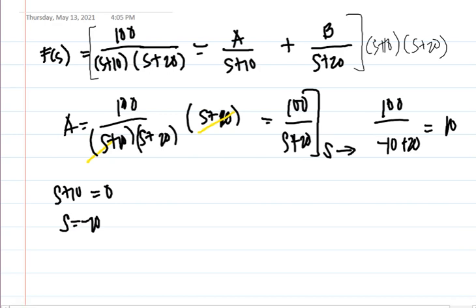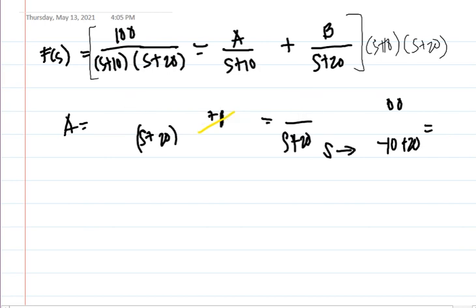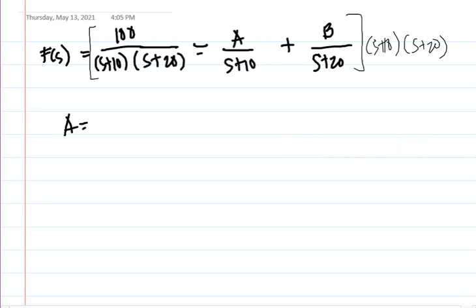But still, we can use the cover-up method. This is a cover-up method that we can use to come up with the same answer, and we will see if we get the same answer. If we perform the cover-up method, that means we cover the denominator. Our denominator is s plus 10, so I need to cover the s plus 10.